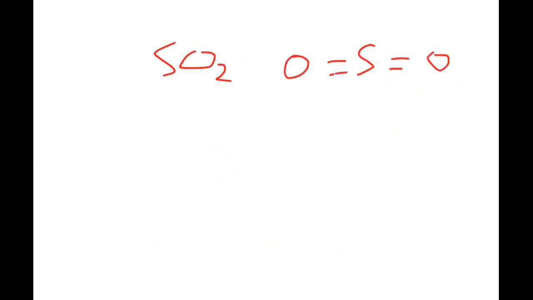However, if we had SO2, sulfur has 6 electrons, 4 are forming bonds with oxygen. So I'll draw the Lewis structure for this. And then there is a lone pair. The last 2 electrons form a lone pair.